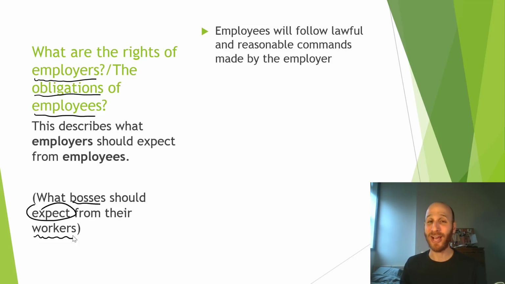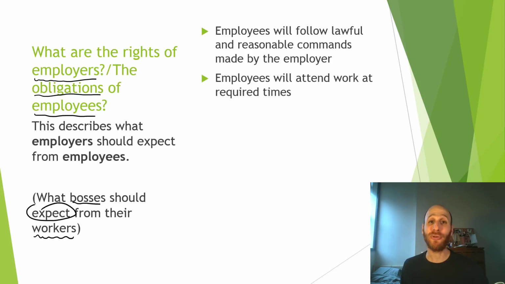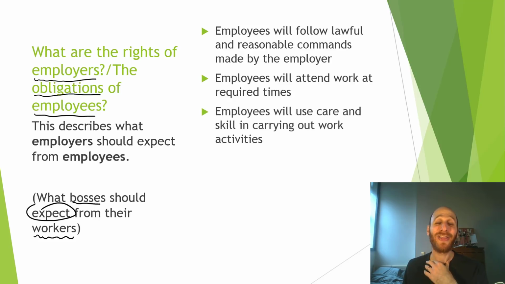That if your boss asks you to do something that is lawful and reasonable, you need to do that. They also expect that employees will attend work at required times and will not be late. That employees will use care and skill in carrying out work activities and will not be slack or do half-hearted jobs.